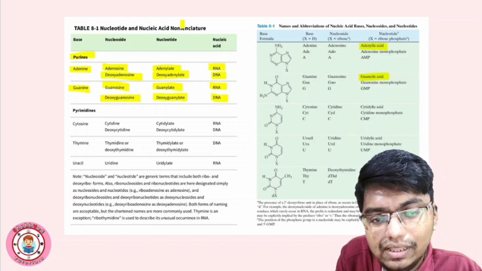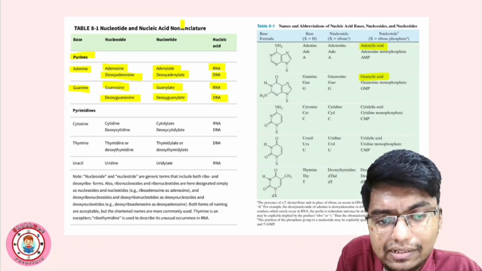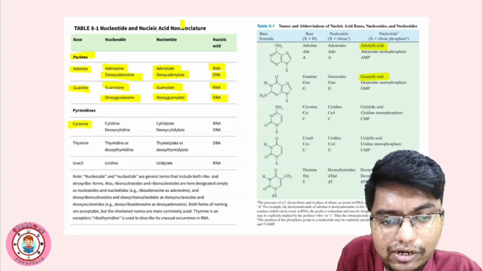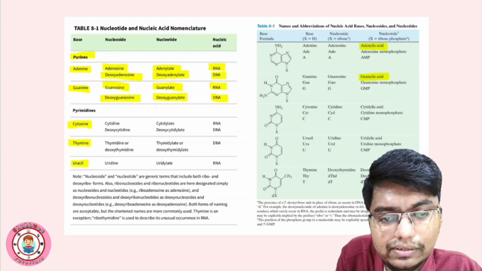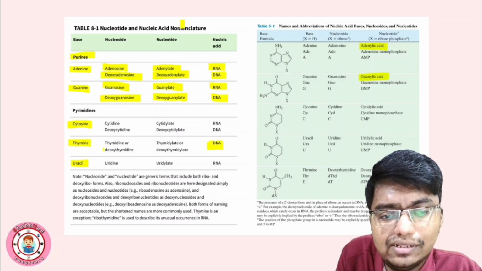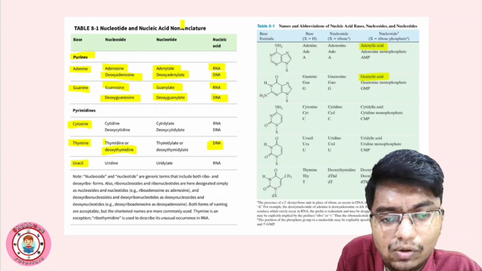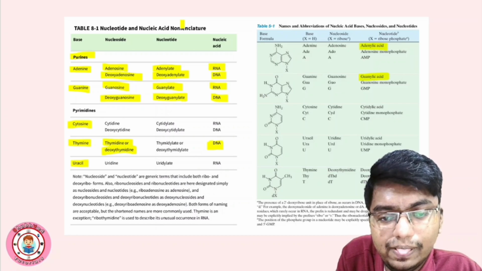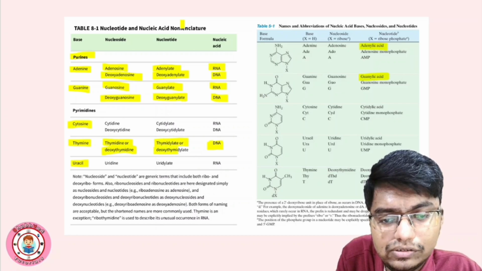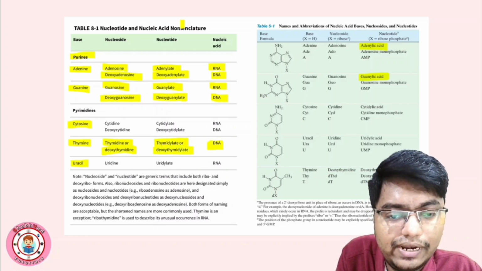Right? Same with pyrimidines. Cytosine, thymine and uracil. Now thymine is present only in DNA, so the deoxy form will be more prevalent, right? The deoxy form of thymine will be more present, so it is thymidine or deoxythymidine, nucleoside, thymidylate or deoxythymidylate, nucleotide form.